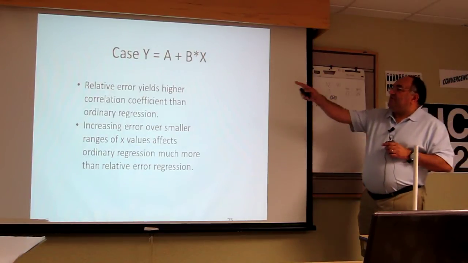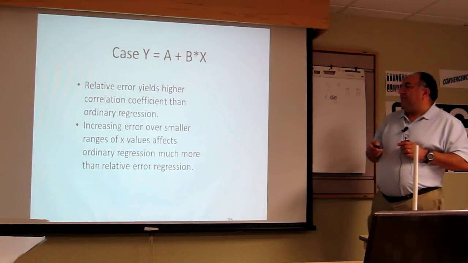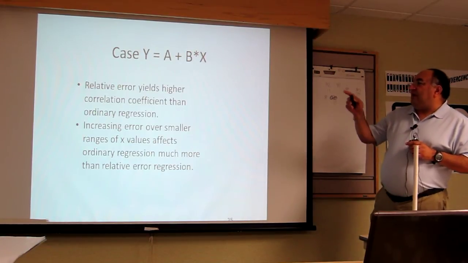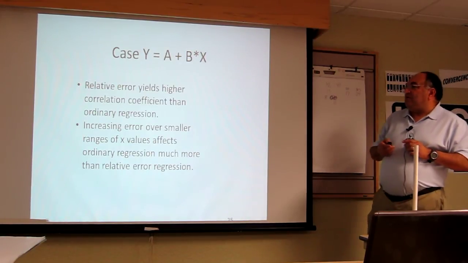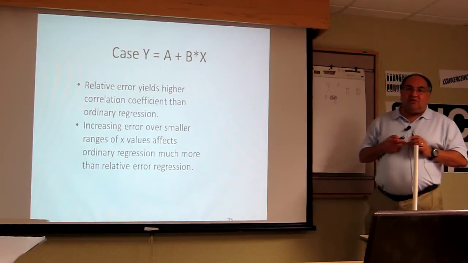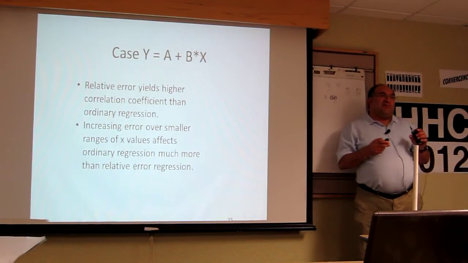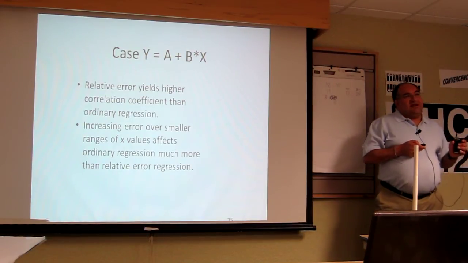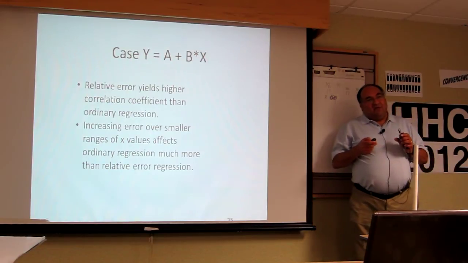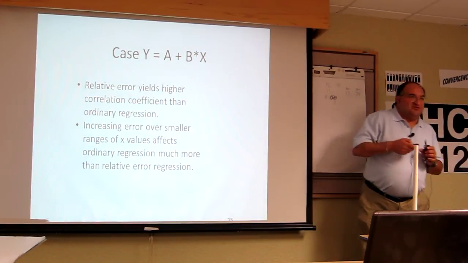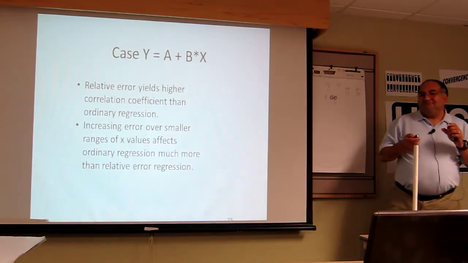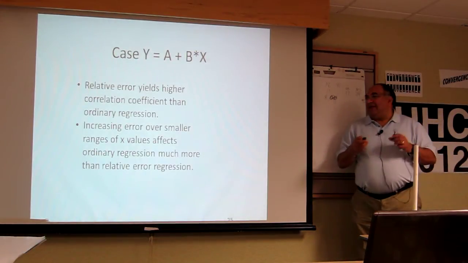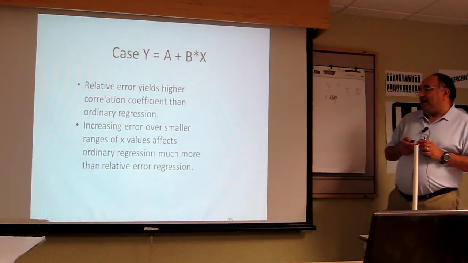The first case of simple linear regression, I noticed that the relative error yields high correlation coefficients, higher than ordinary regression. And that's sort of like we're really cheating, because it's really a multiple regression where the intercept is forced to be 0. So you expect the correlation coefficient to be higher.